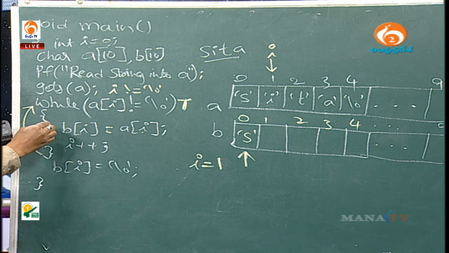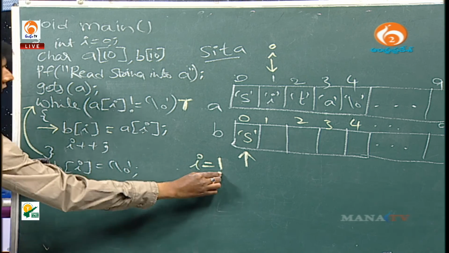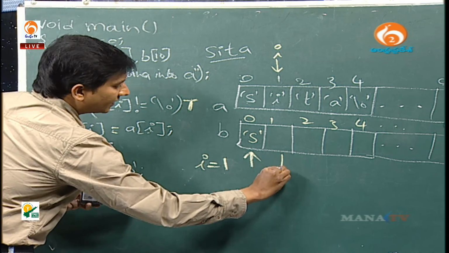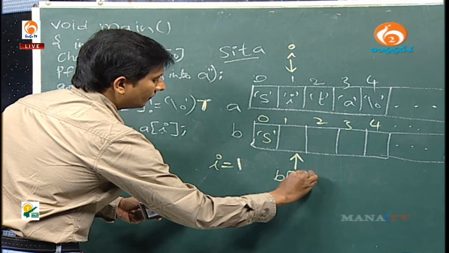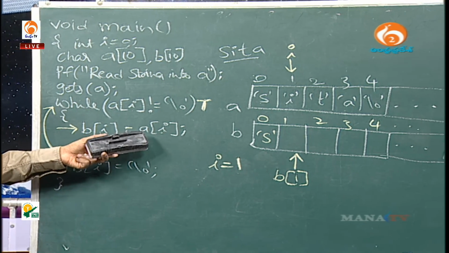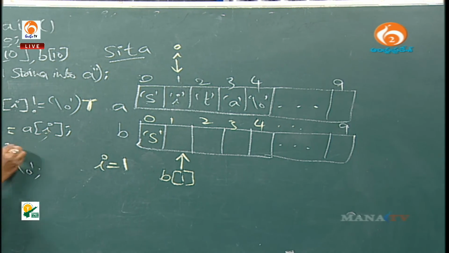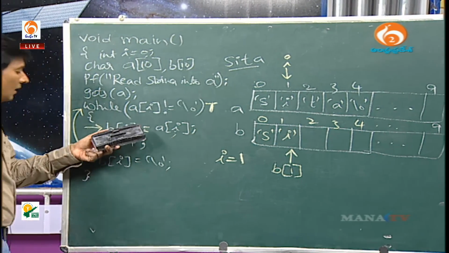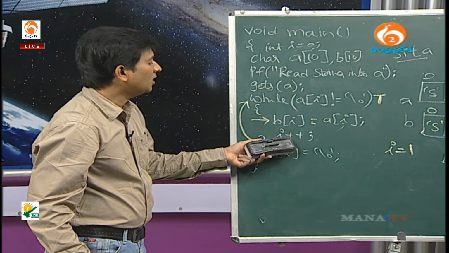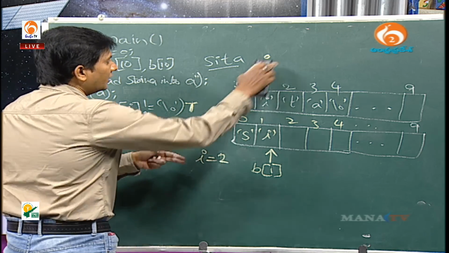Whenever the condition is true, control enters the body of the while loop. B of 1 equal to A of 1, that is I is stored into B of 1. Next, I plus plus means I is incremented by 1, that is 2.